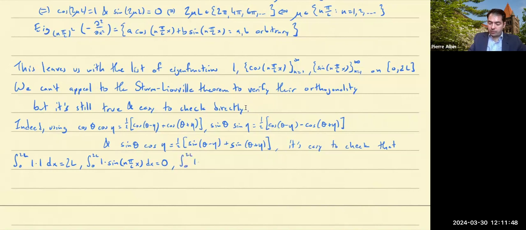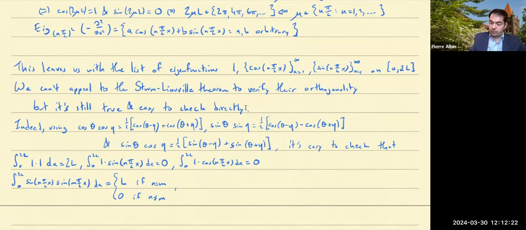Same thing when you do cosine. And if you multiply a sine eigenfunction against another sine eigenfunction, you get L if n is equal to m, and 0 if n is not equal to m.